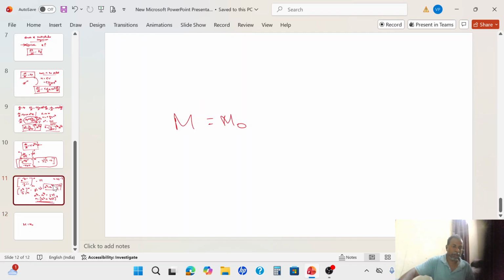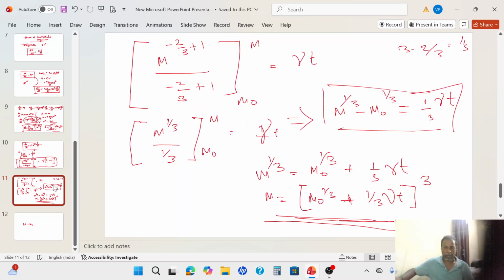So this is the model. So this is the final model: M is equal to m naught power 1 by 3 plus 1 by 3 gamma t, whole power 3. Just write here.